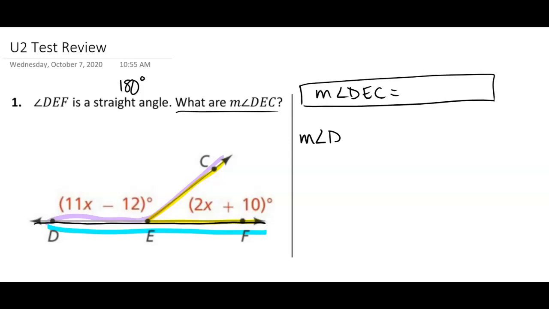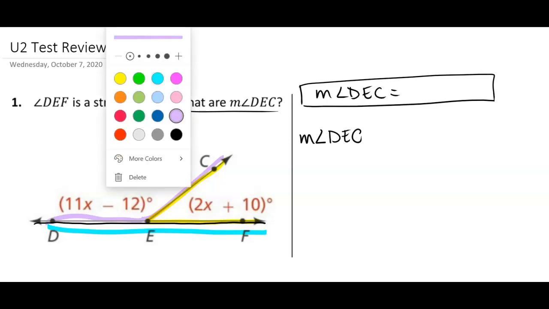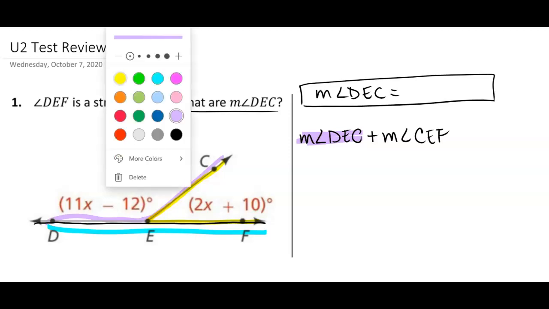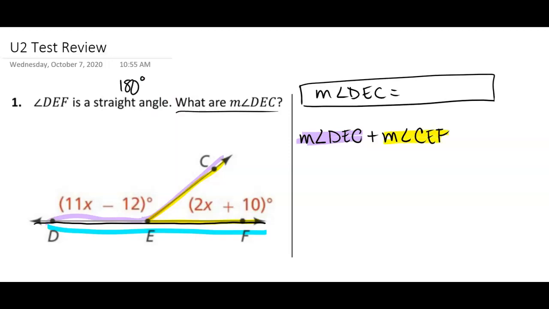So the measure of angle DEC plus the measure of angle CEF is equal to our straight angle, which is the measure of angle DEF. Actually, we're going to replace that with 180 because we know it's a straight angle.